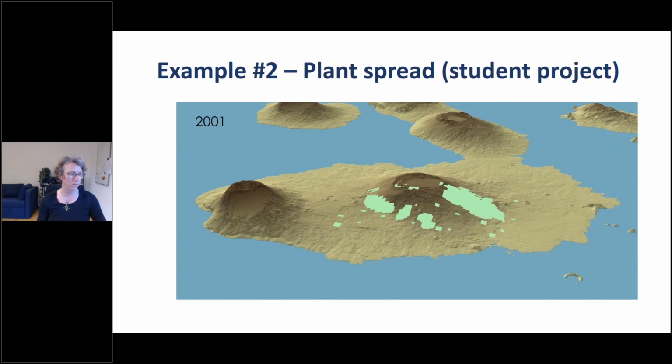This plant spread was modeled by the students and also verified. So you can, taking remote sensing data, for example, verify the outcomes of a simulation model, which of course is very important if you want to work further with it and do scenarios and make some strategies, for example, how to save Galapagos from this invasive tree species.